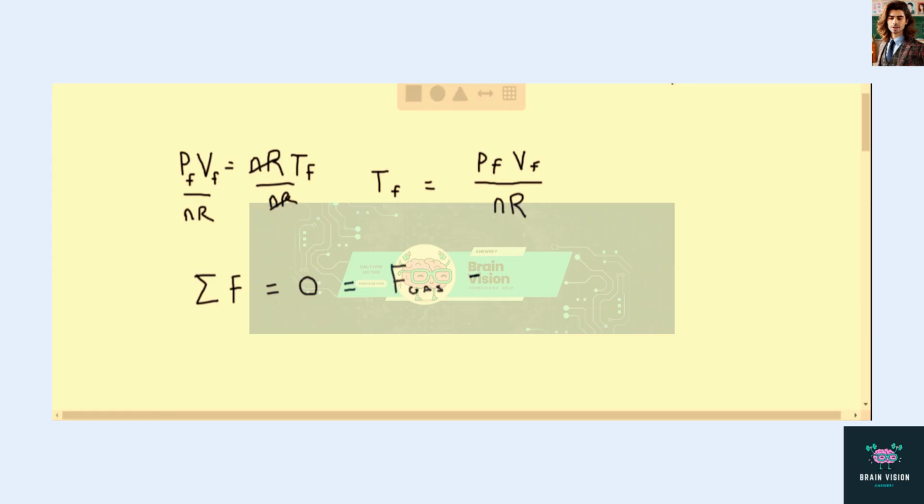If you recall from mechanics, the force from a spring is going to be from Hooke's law, which is a constant k times the displacement of the spring, x. So in our case, that would be x final in the final scenario.